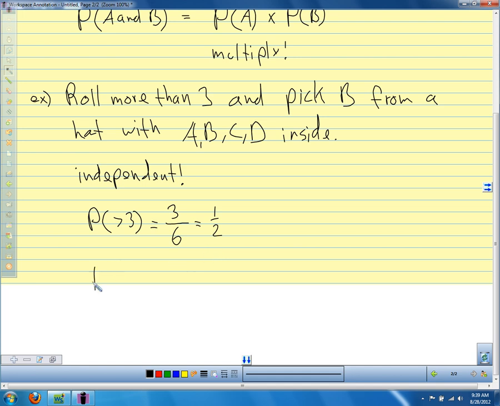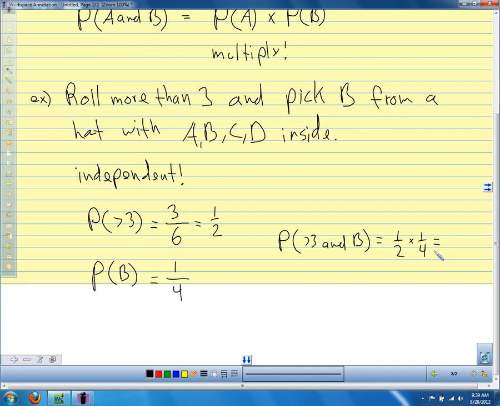And what's the probability of picking a B from the hat? How many favorable outcomes do we have? 1. We just have 1 B. Total? 4. So the probability of greater than 3 and B is 1/2 times 1/4.